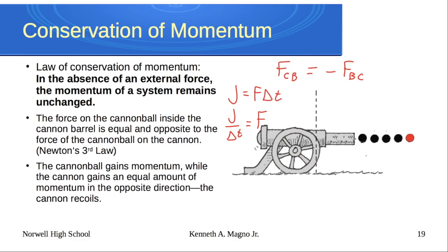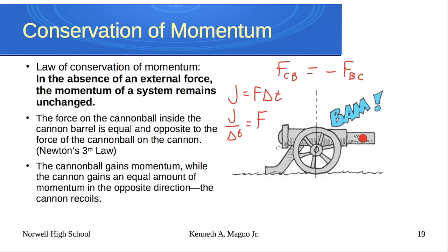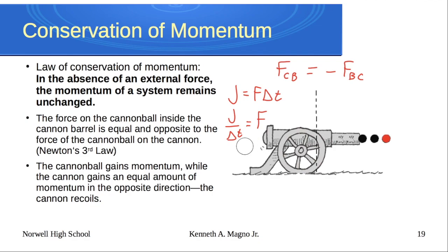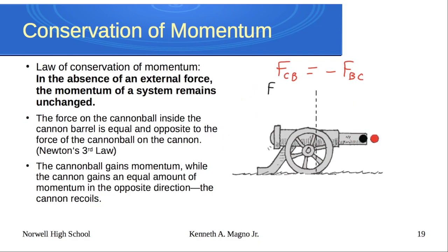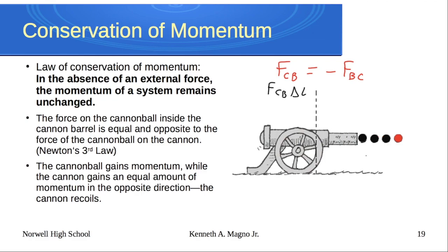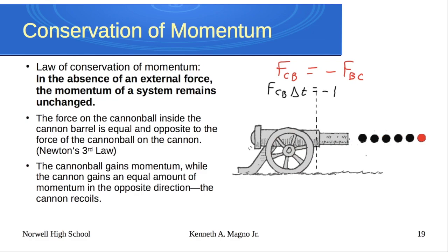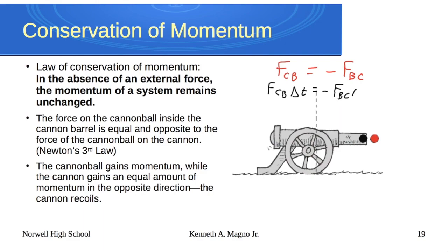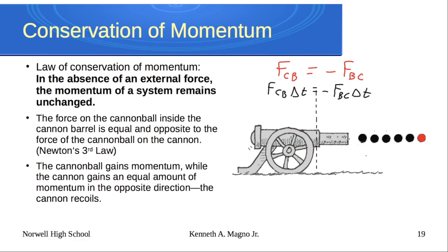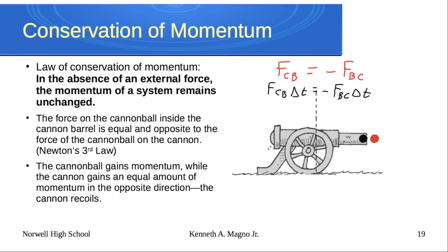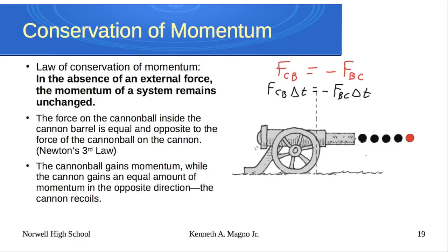So since the explosion happens for the same amount of time for both, I can think of it like this. I can say that, well, if this was FCB for a certain amount of time, it'll be equal to but opposite FBC for the same amount of time, right? Well, mathematically, putting delta t on both sides is just like multiplying by 1, okay?